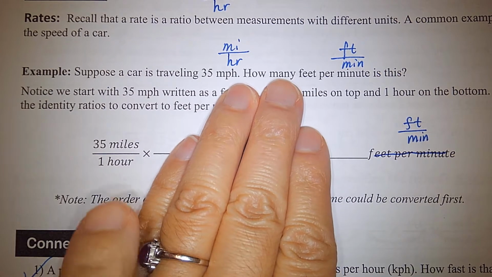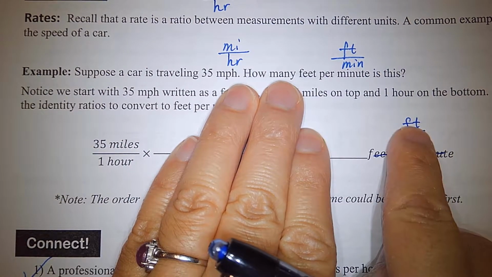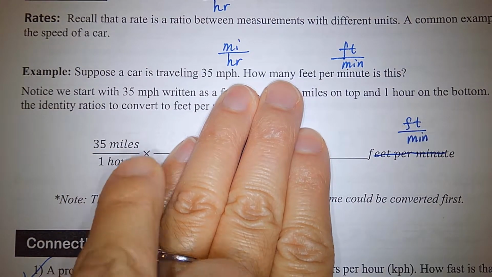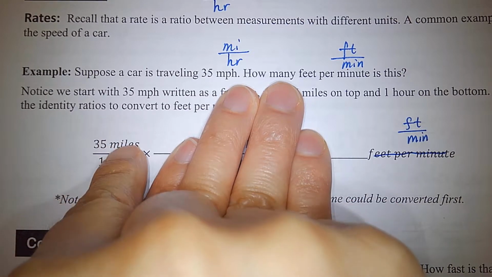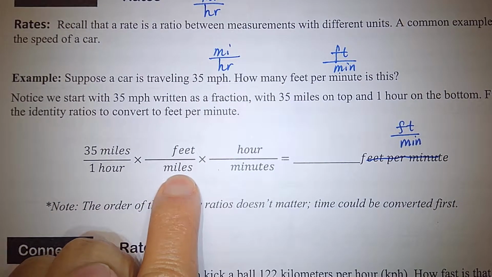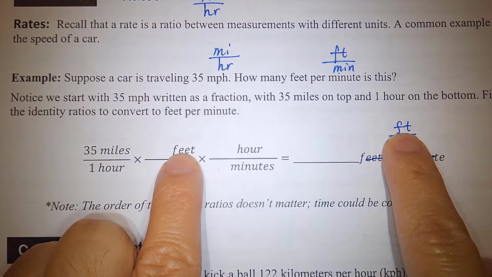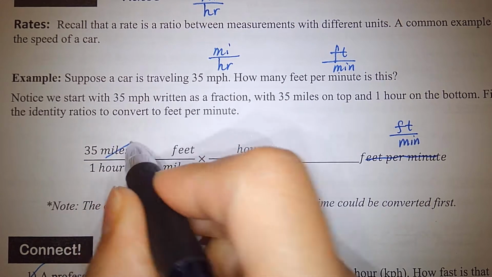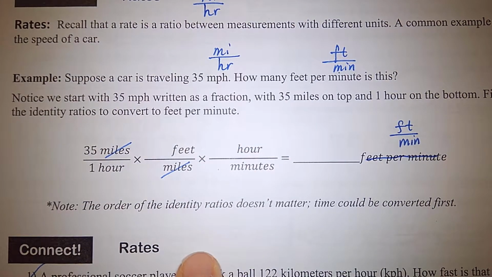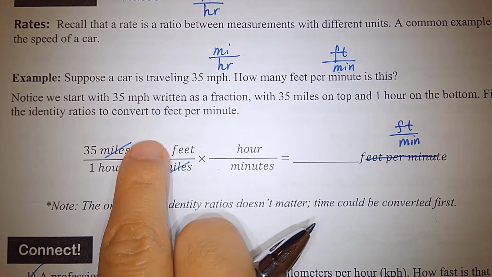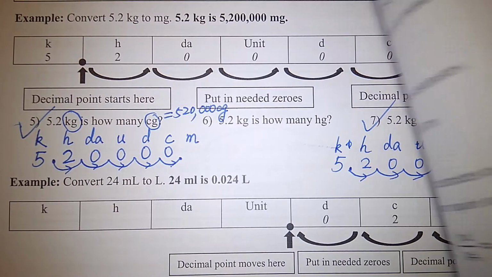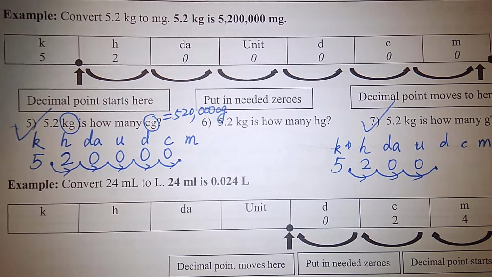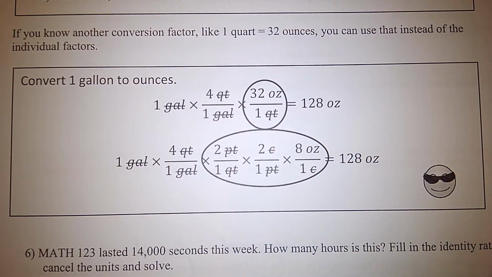So we will convert from miles to feet. How? The unwanted unit is miles, so we put miles on the bottom. The desired unit is feet, so we put feet on the top. This way, miles cancel. Now, what is the relationship between miles and feet?